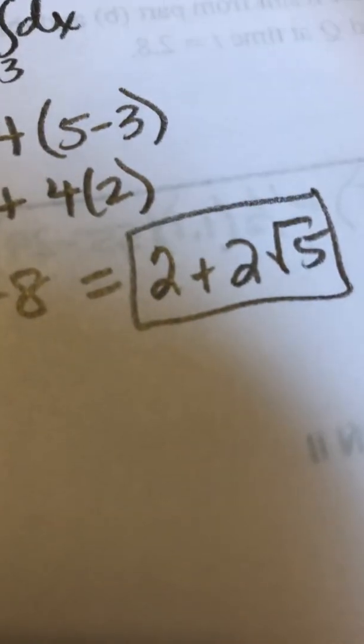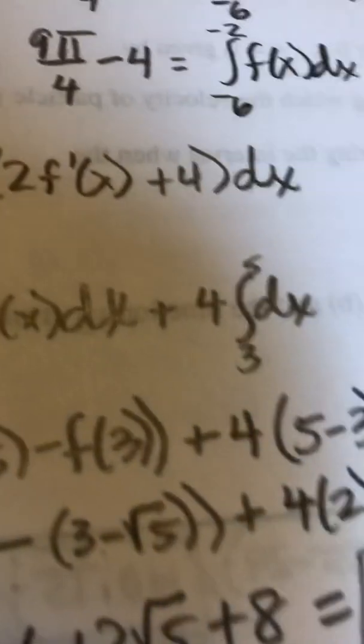The last one, g of 5, is the integral from -2 to 5. And when we look at that graph, that's the square minus the quarter circle. Oh, sorry, it's -2, not 2.